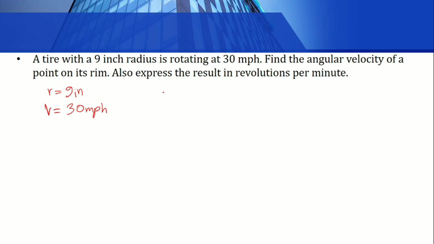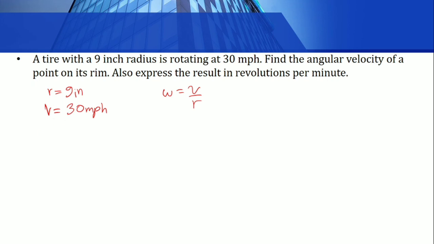So sabi natin angular velocity is equal to v over r. So sabi niya express the result in revolutions per minute. So, naka-inch tayo, miles, naka per hour tayo. So, i-convert muna natin yung given natin.